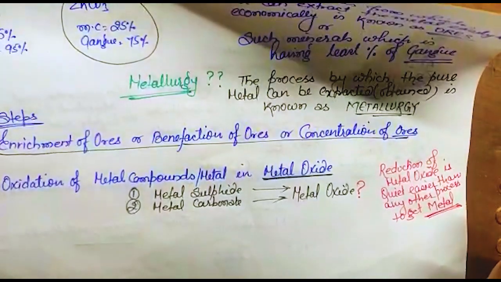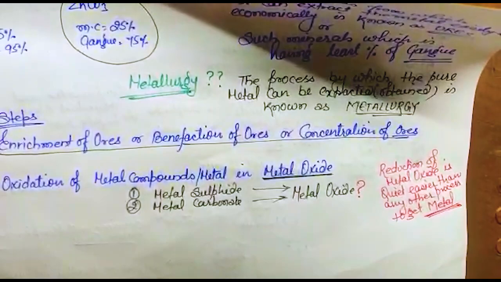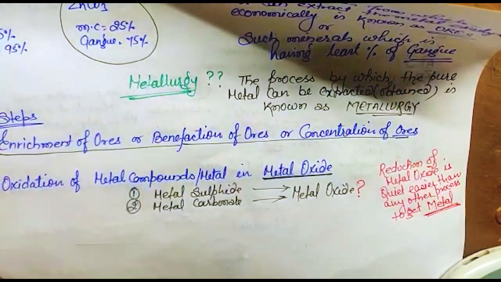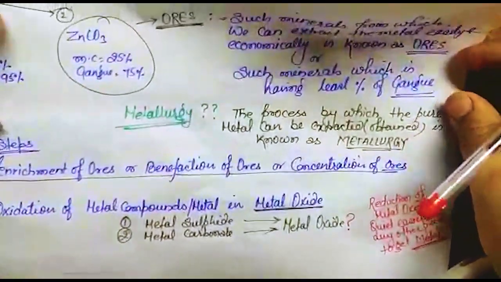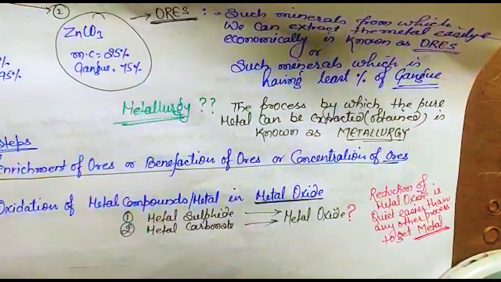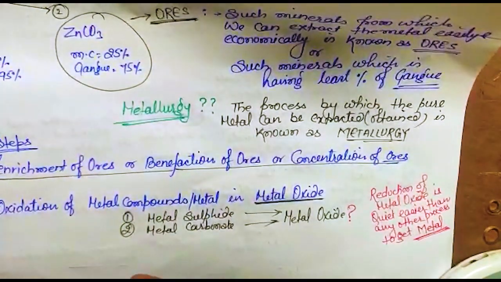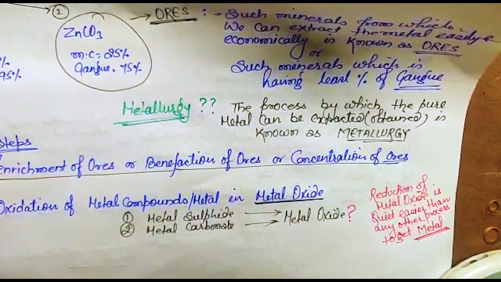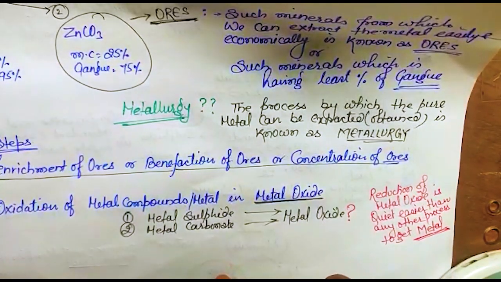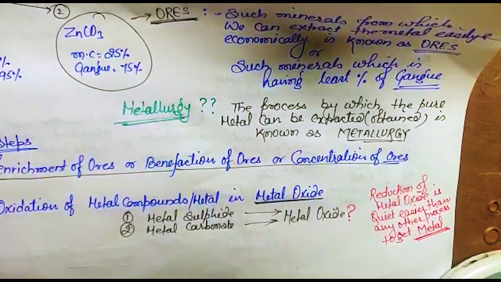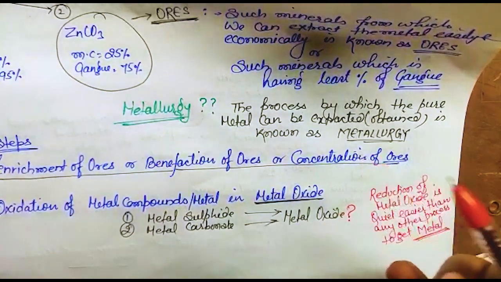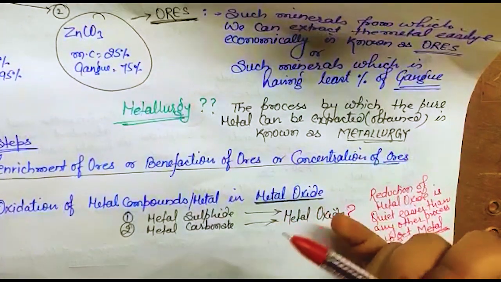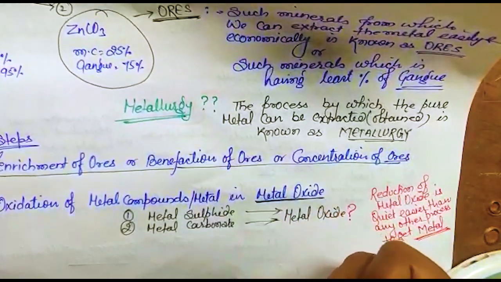So we have to find the way by which we can get the metal easily, economically, with more profit. All these metal compounds exist in three forms: oxide, sulfide and carbonate. Out of that, the maximum are in the form of oxide, because oxygen is abundant and highly reactive, so it reacts with the metals. Some percentage of metal also exists in the form of sulfide and carbonate.